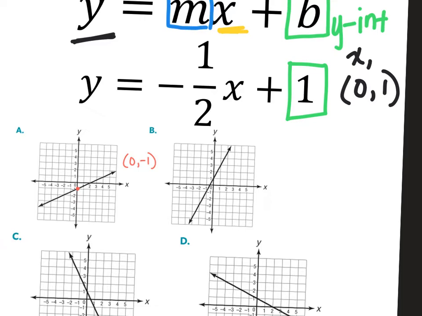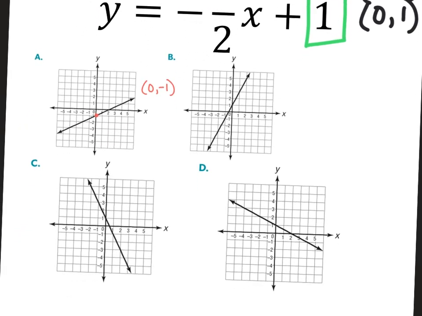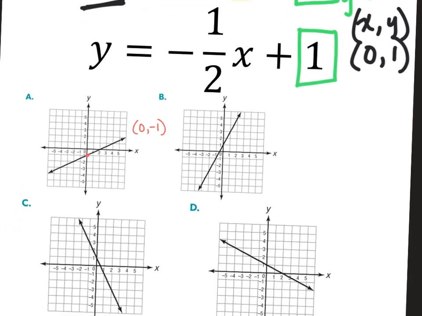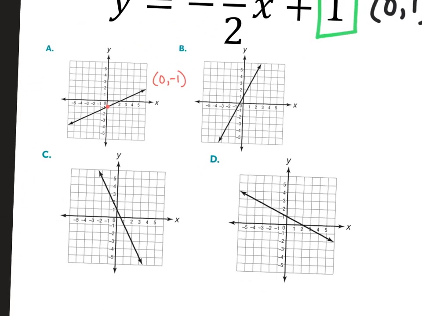Our x value would be 0, our y value would be 1. So we're going to look at these graphs and try to figure out which one of these shows a y-intercept of positive 1, because it's a plus 1. So out of A, B, C, or D, which one or which ones show a y-intercept of a positive 1?